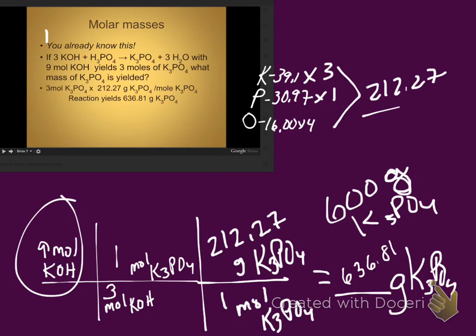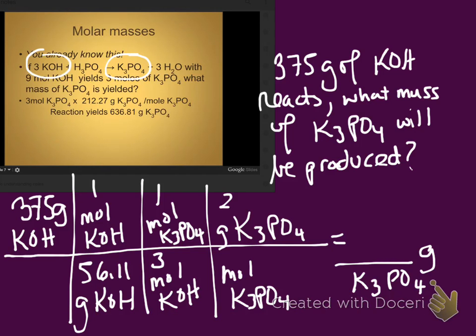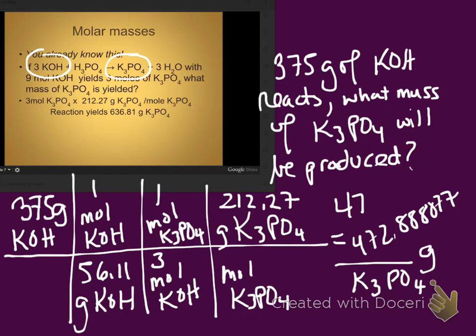Hey, look at that, we do. 212.27. So now you've got some math to do. Okay, so we've got a raw answer of 472.888077. How many sig figs do we get here? 3. So our final will be 473 grams of K3PO4.